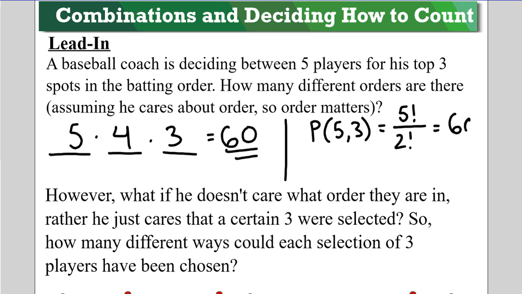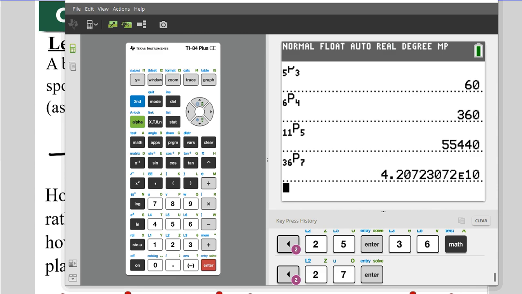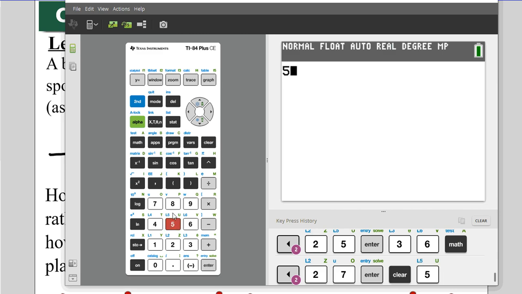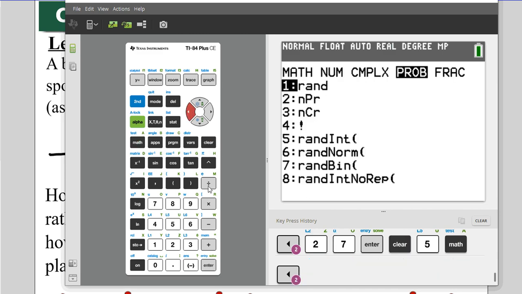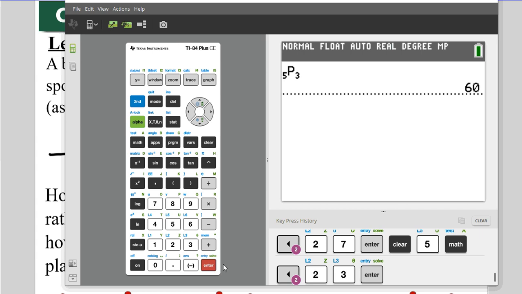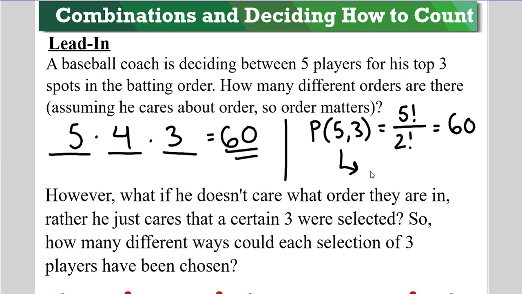That's going to be 60. Or if you just use the calculator and do 5, math, over to probability, permute, 3, you get 60. So if you use the calc, you're going to get the same thing. A lot of different ways you can think through the scenario. You can use the permutation formula, or you just use the calculator. That's what we did last time.